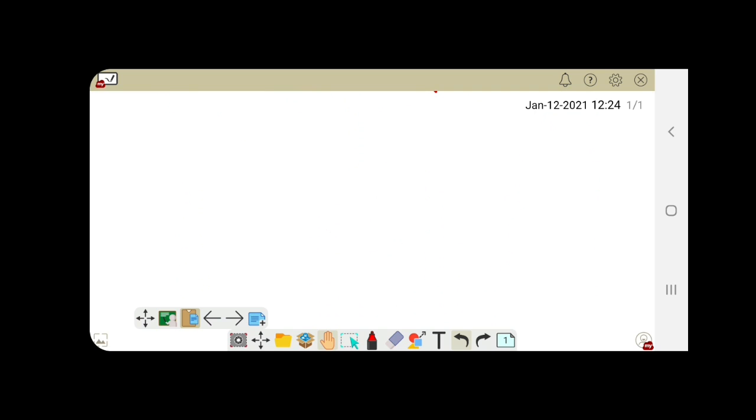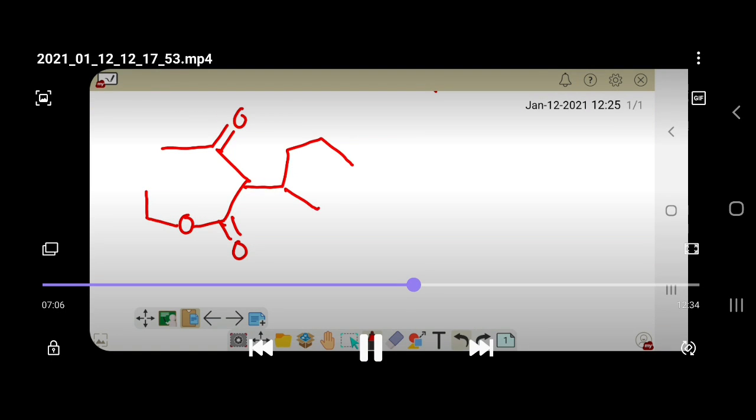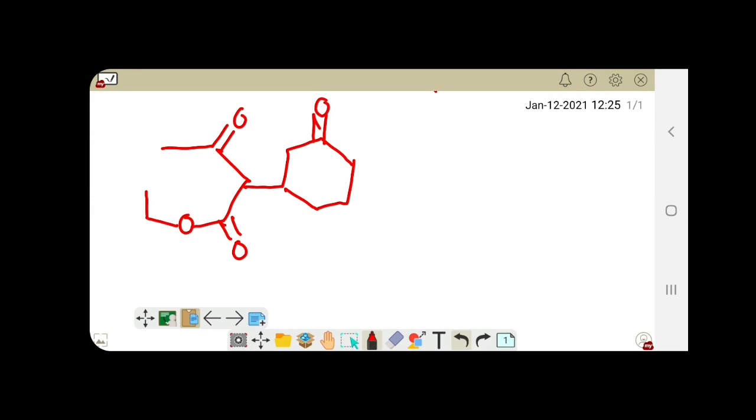Next we draw it again. After tautomerization, this product looks like this.